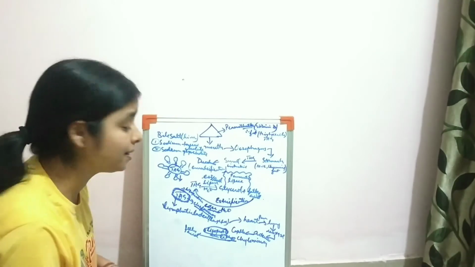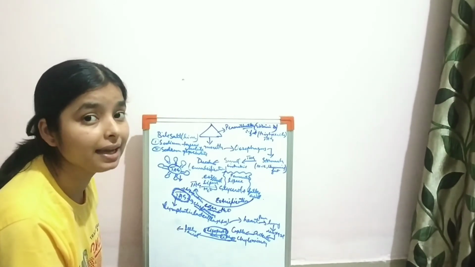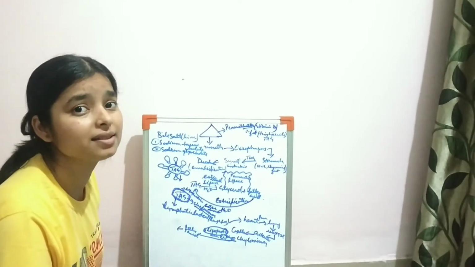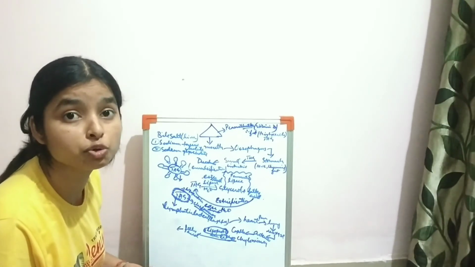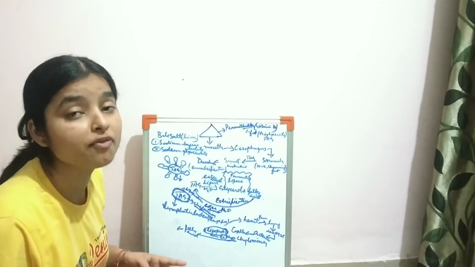The reason is that adipose cells contain a small nucleus and a dense cytoplasm, and because of the dense cytoplasm it is called a specialized cell used to store fat. It can store a lot of fatty acids.